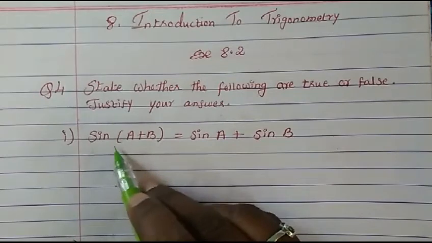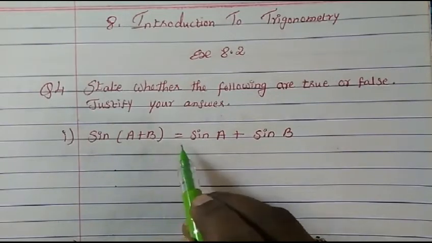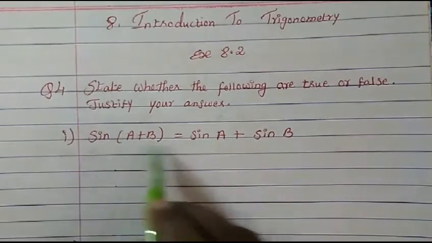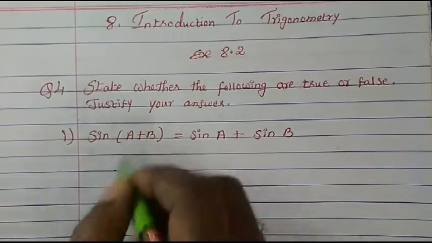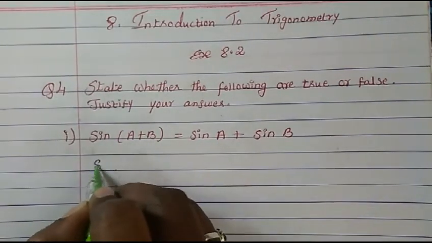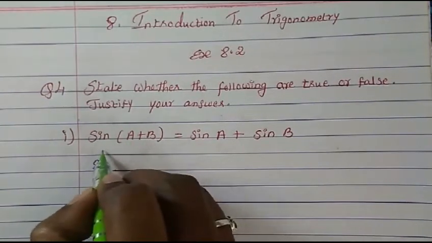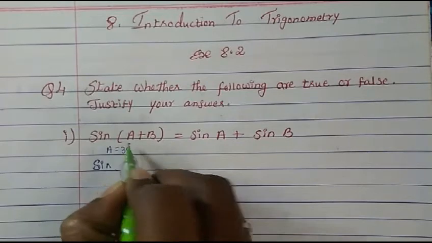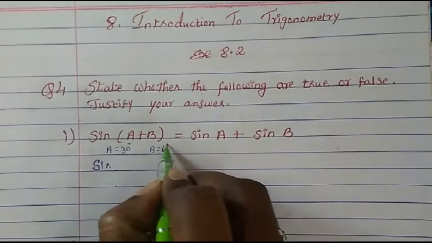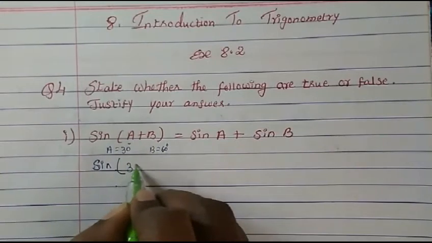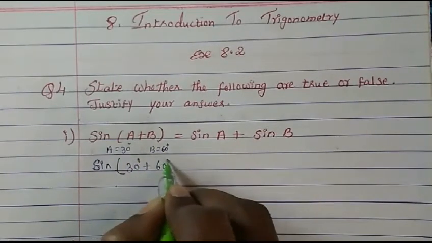So here it says that sine (A plus B) is equal to sine A plus sine B. So these are the angles. Let's suppose we take A as 30 degree and B as 60 degree. So A plus B means 30 degree plus 60 degree.